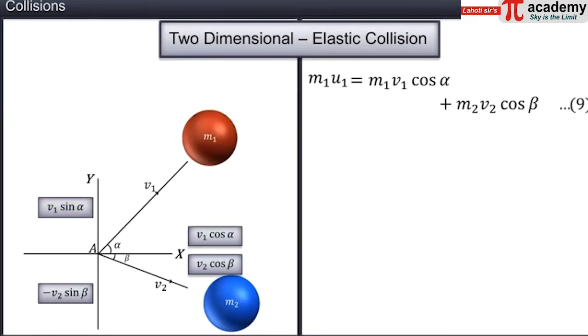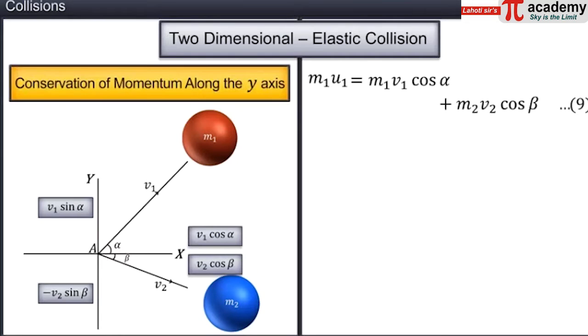v1 sin alpha and minus v2 sin beta are the components of v1 and v2 along the positive y-axis and the negative y-axis respectively. Hence, according to the law of conservation of momentum applied along the y-axis, we get m1u1 plus m2u2 is equal to m1v1 sin alpha minus m2v2 sin beta.